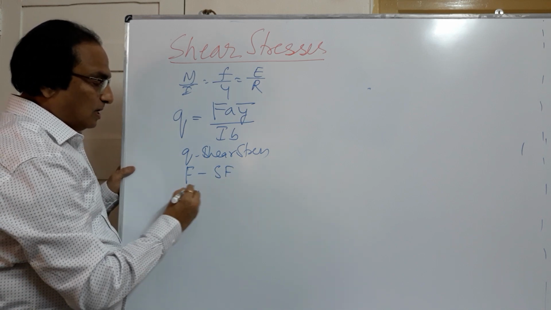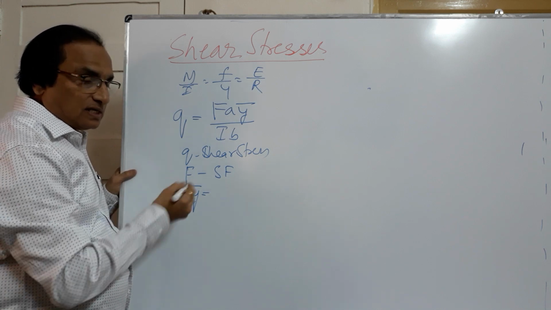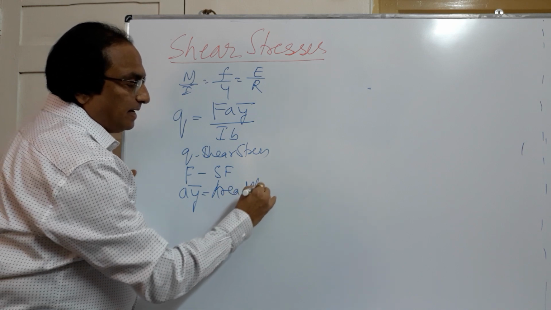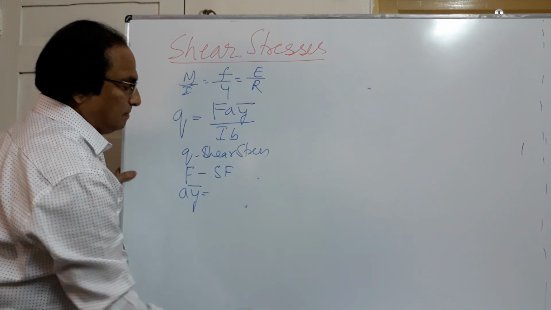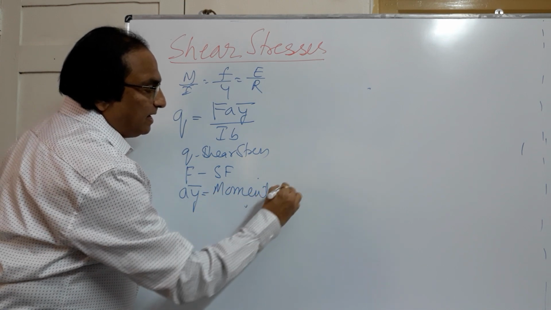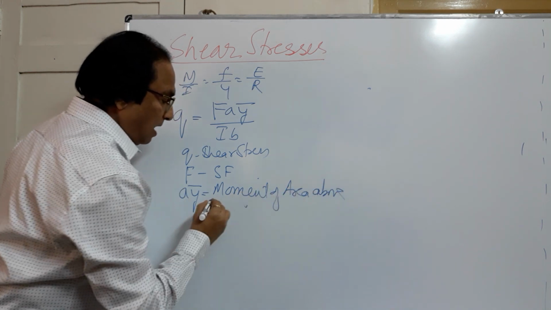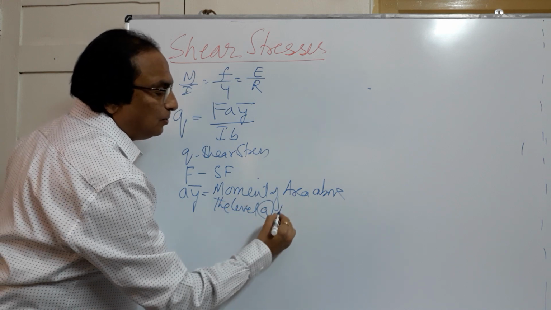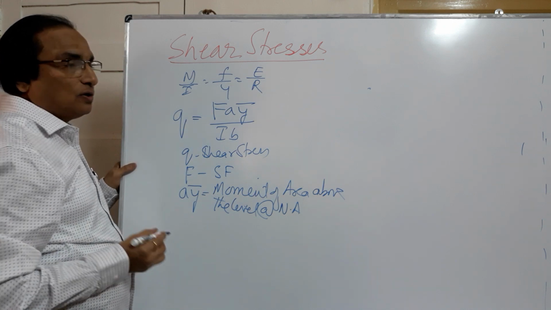A Y bar is the important part here. A stands for area and Y bar stands for the distance. It is the moment of area above the level, about the neutral axis.